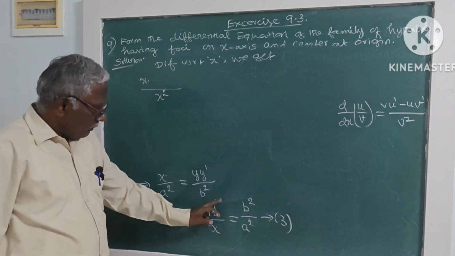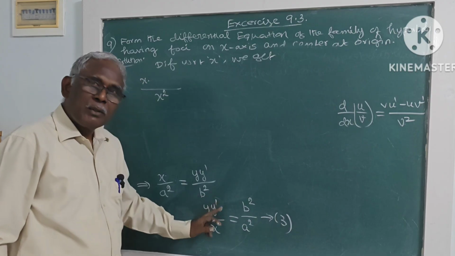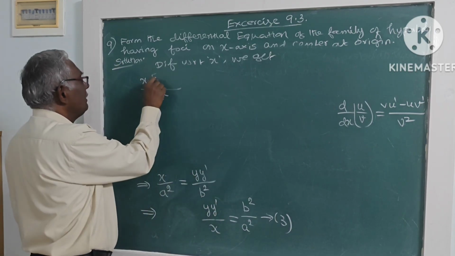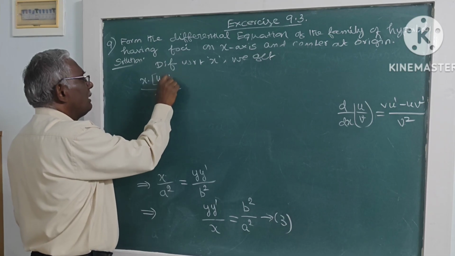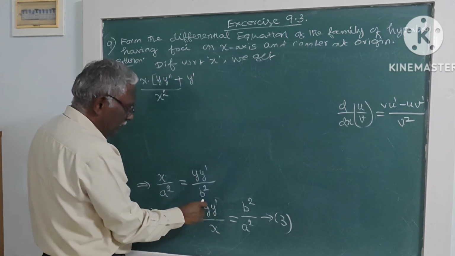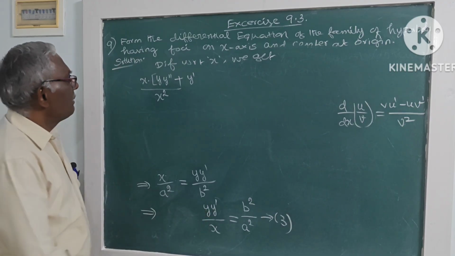u. So this is again uv form. So put bracket y double dash plus y dash. If we differentiate this, again y dash will come.